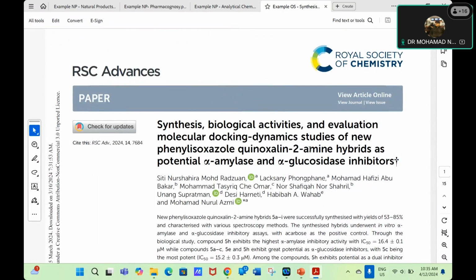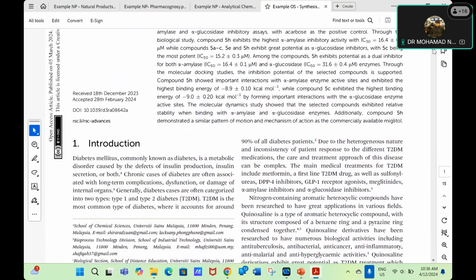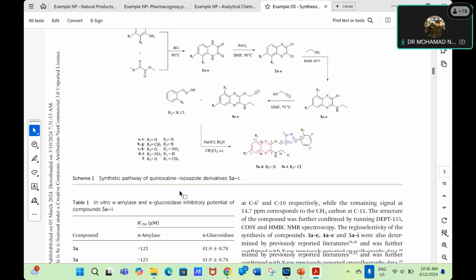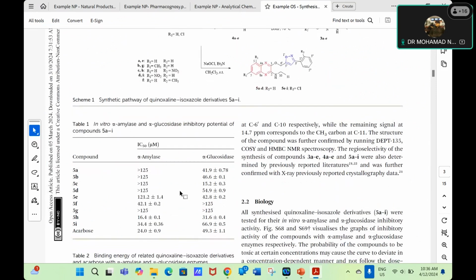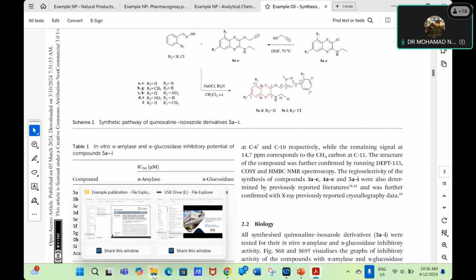It means they combine two heterocyclic groups, and their application is for alpha amylase and alpha glucosidase. We try to explore these applications, and this is a good journal. If you have money, you can pay for this. Okay, so this is an example for total synthesis and natural product synthesis with biological assays.